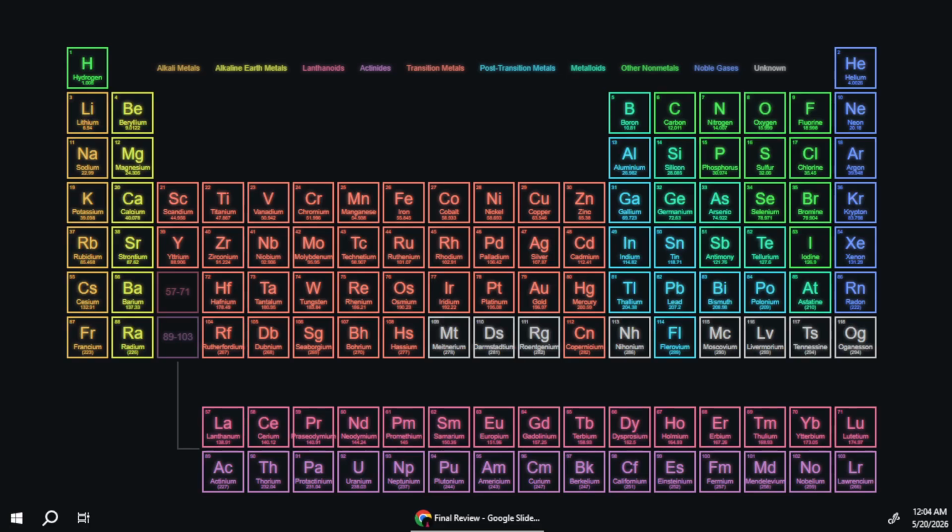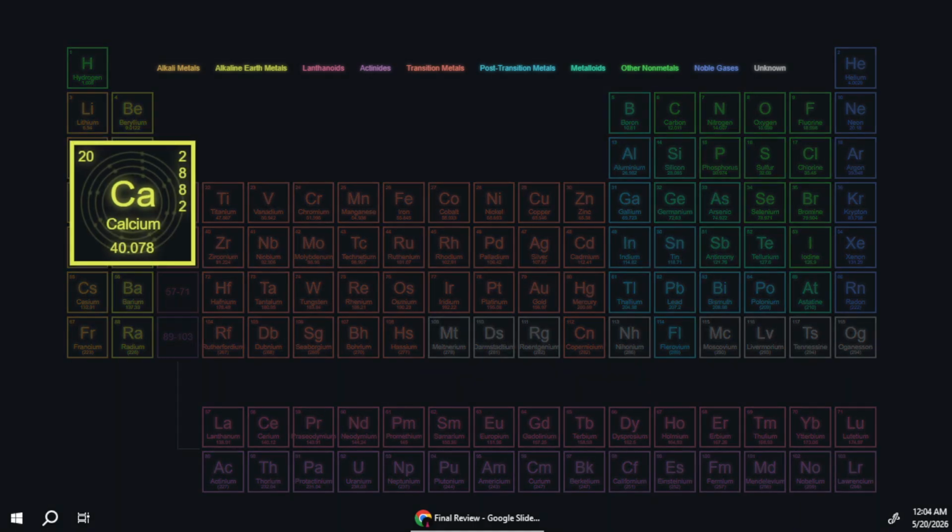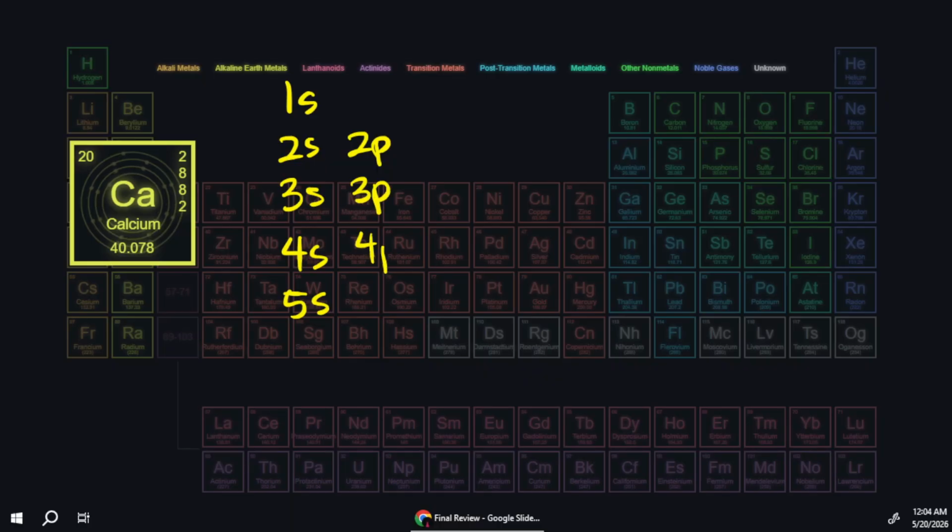Next one is the electron configurations. Okay, so for electron configurations, let's just complete drawing calcium with all the electrons, all right? So to draw the complete calcium, we need to use this chart: 1s, 2s, 3s, 4s, 5s, and then 2p, 3p, 4p, 5p, 3d, 4d, 5d, 4f, 5f.